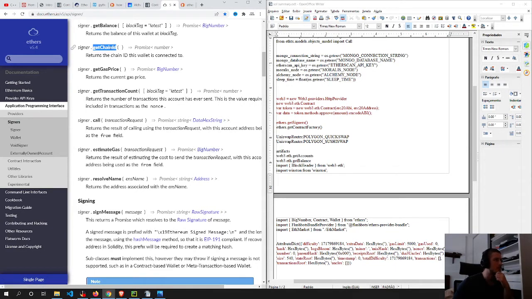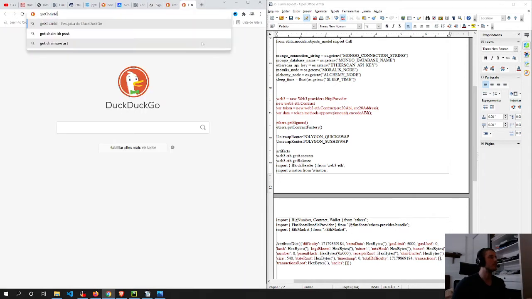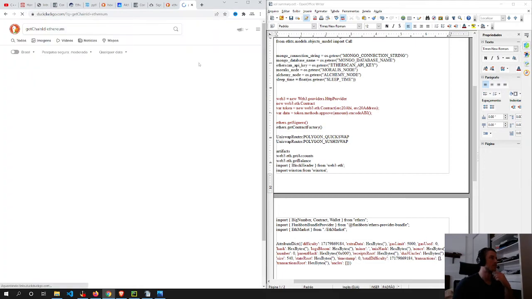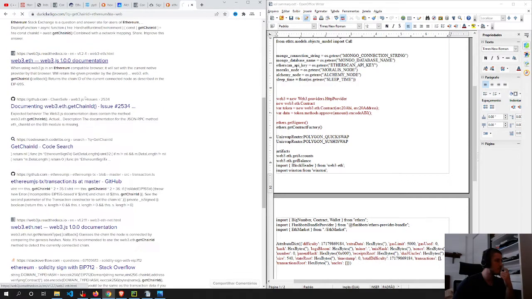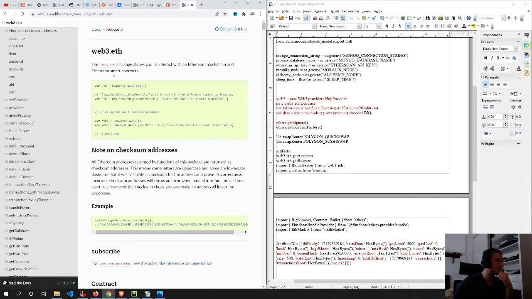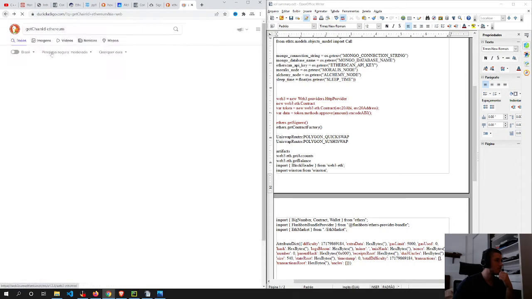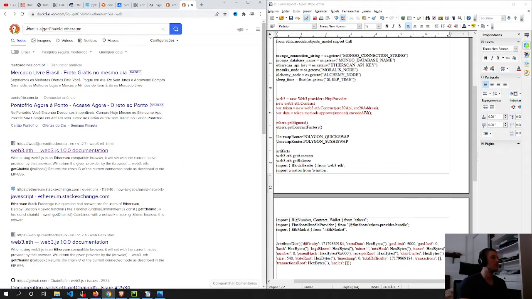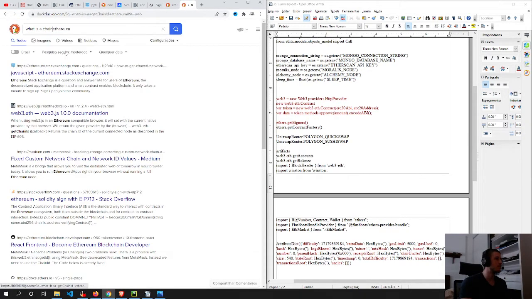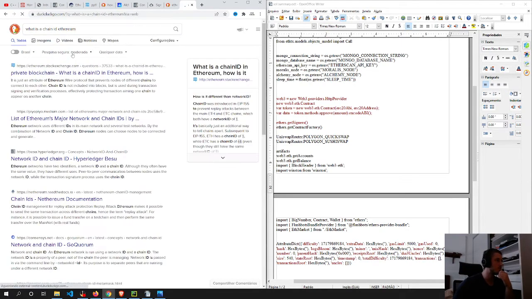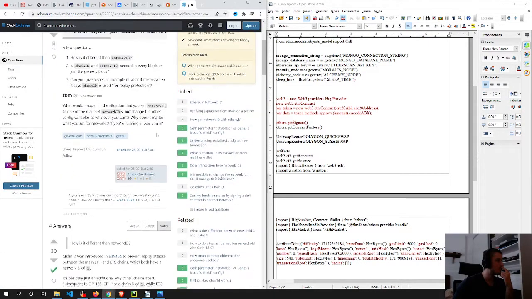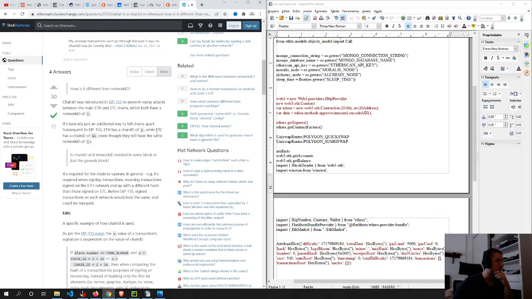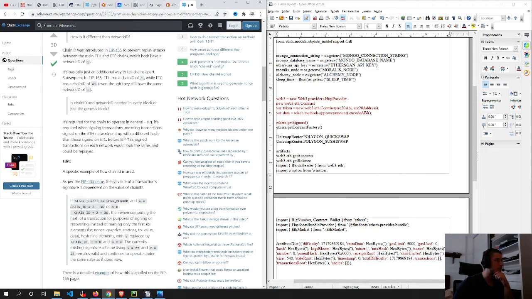Chain ID, I don't know what this is. Chain ID is introduced to prevent replay attacks between the main Ethereum and ETC chains, which both have a network ID of 1.